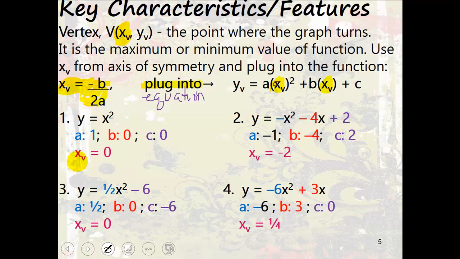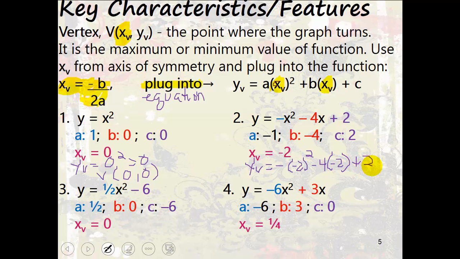All right, so the y-coordinate of my vertex is going to be 0 squared, which is 0. So that means my vertex is 0, 0. On number 2, the y-coordinate of my vertex is equal to the opposite of negative 2 squared minus 4 times negative 2 plus 2.